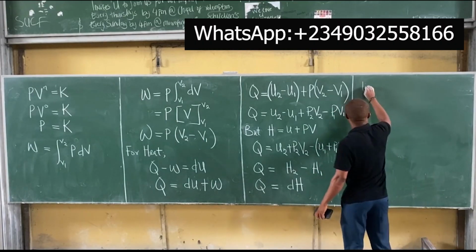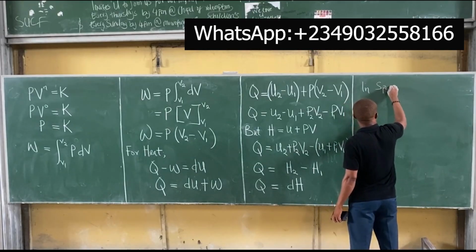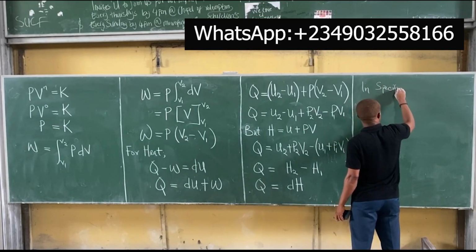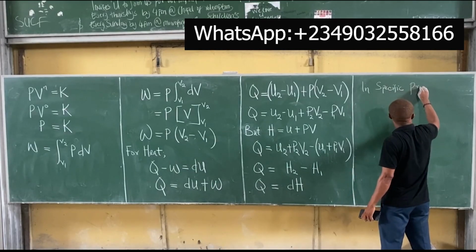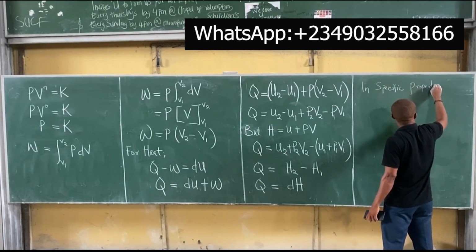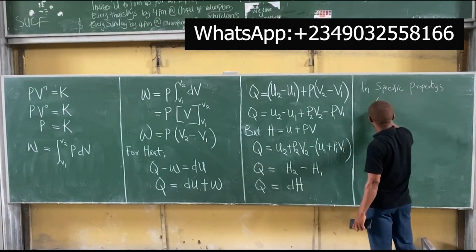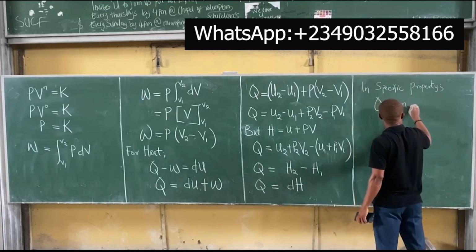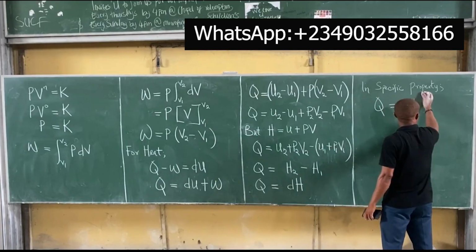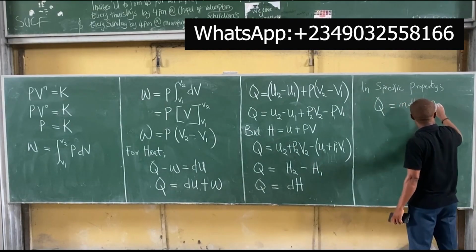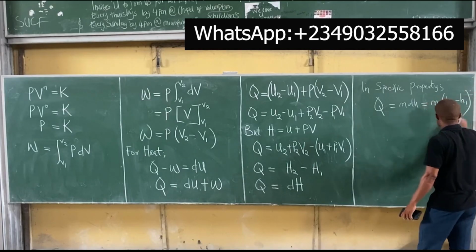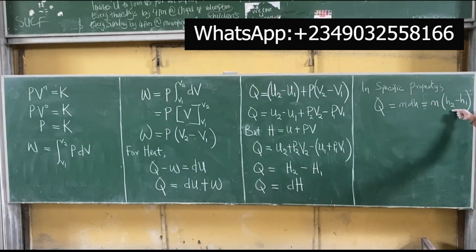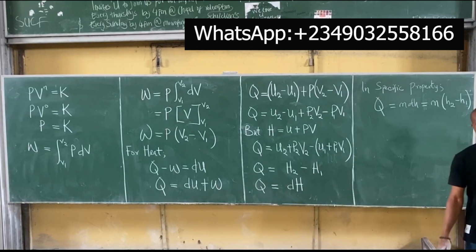In specific property terms, Q equal to mass times dH, which is equal to mass times H2 minus H1, if our enthalpies were given in specific property terms.